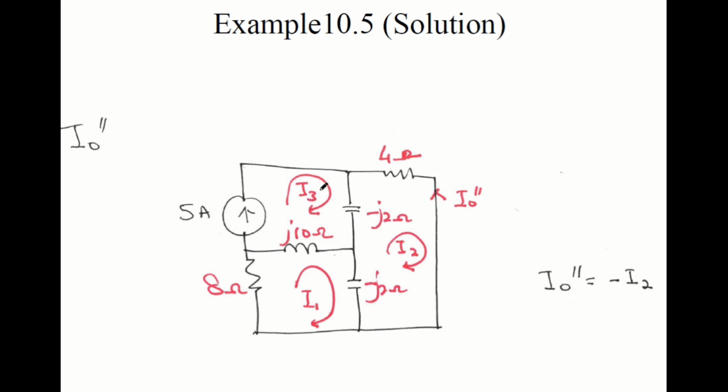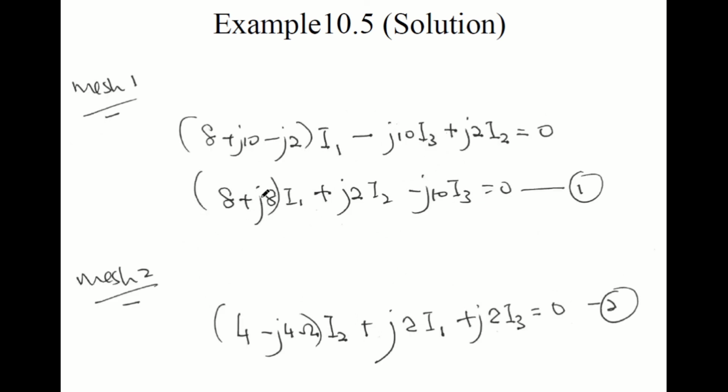If you look at this, there are 3 loops over here, where I2 is equal to minus I double prime. So I double prime is equal to minus I2. How do we solve this? We can use mesh analysis, where this is mesh 1, mesh 2 and mesh 3.